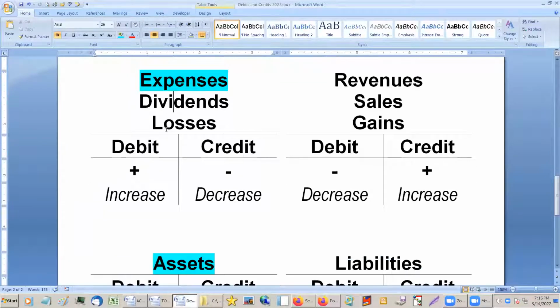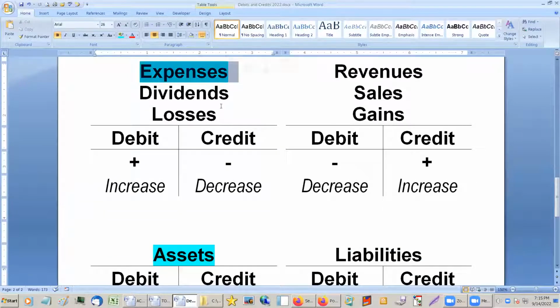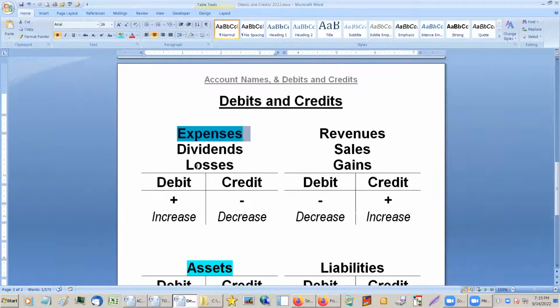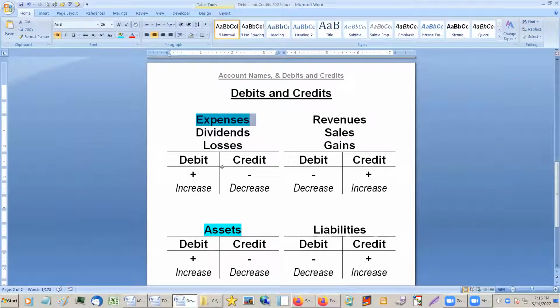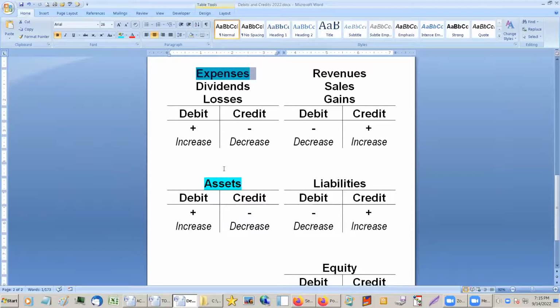Okay. So expenses and assets are fairly closely related. And if you're wondering why this is set up like this, it's because expenses and assets are things you pay money for. This is money going out. And on this side over here, this is all money coming in.